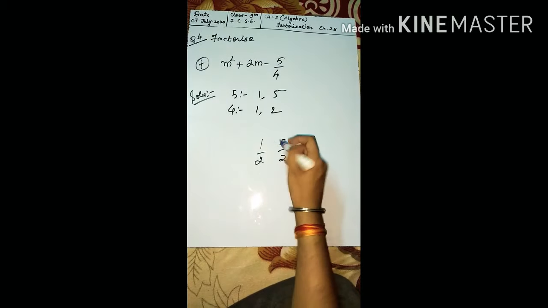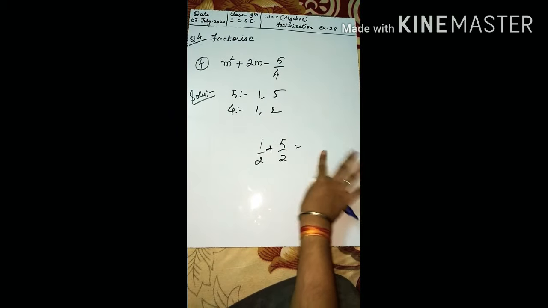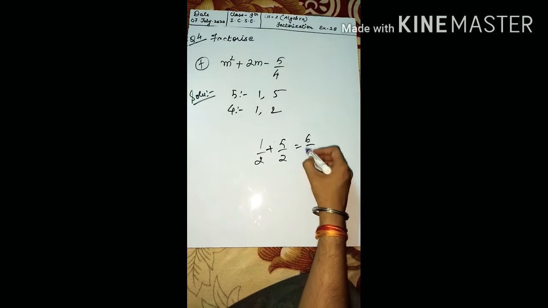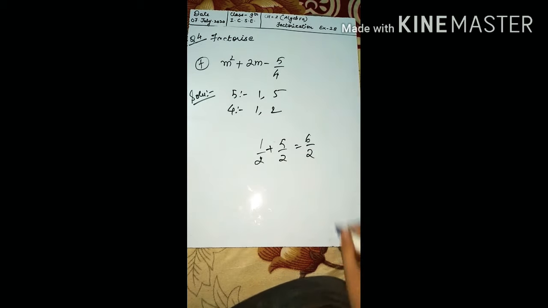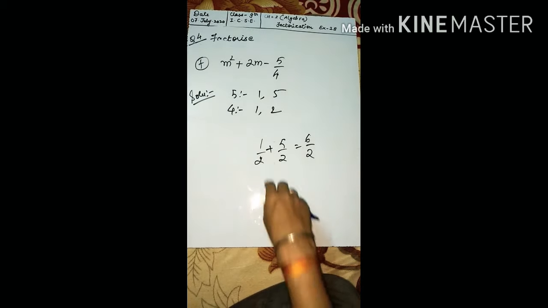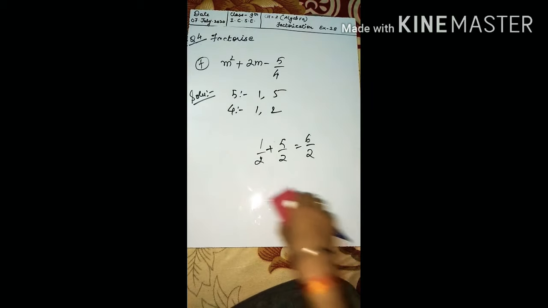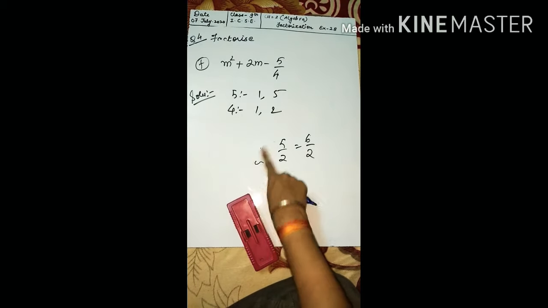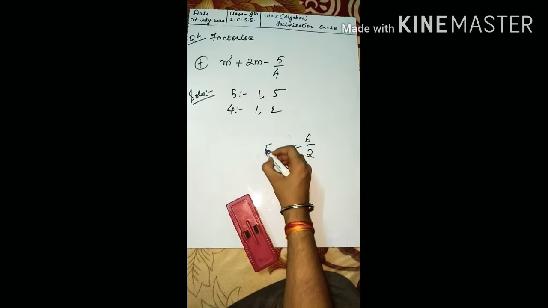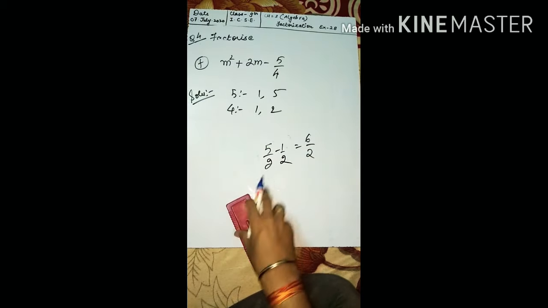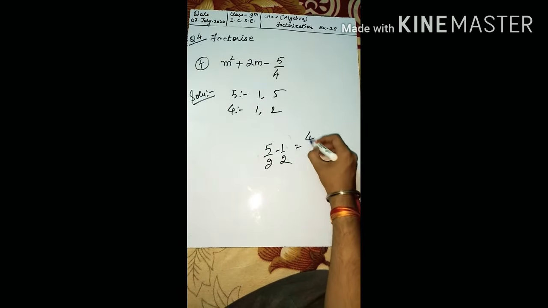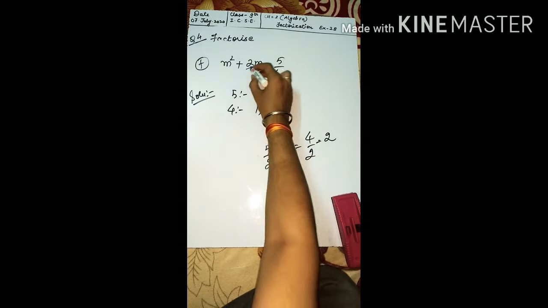And 1 by 2 plus 5 by 2, you will get 6 by 2, which is coming 3. Okay, no, we need to subtract here. Why? See, this is a subtraction case. We need to subtract because 5 by 2 minus 1 by 2 will get 4 by 2, which is 2, which is this answer.